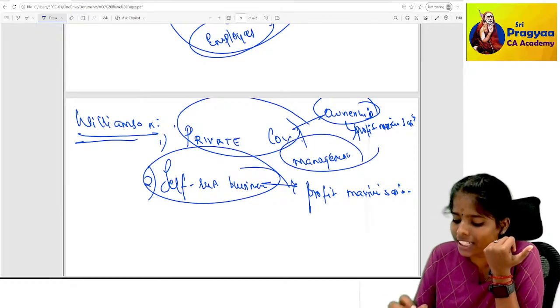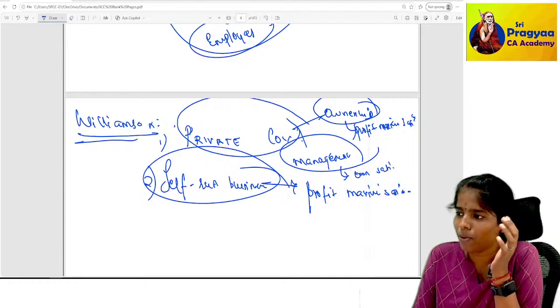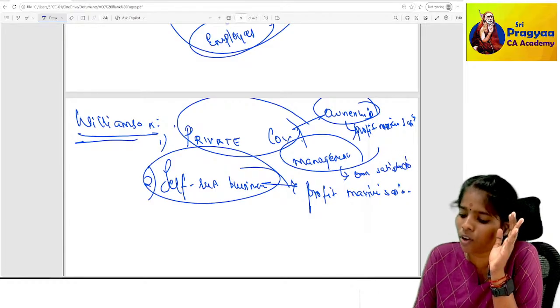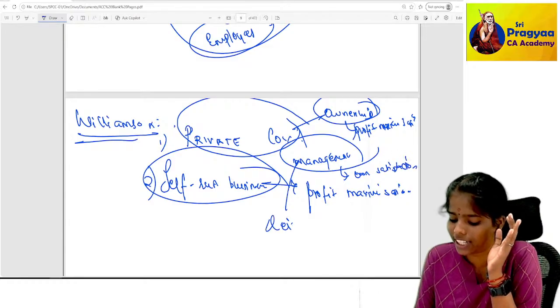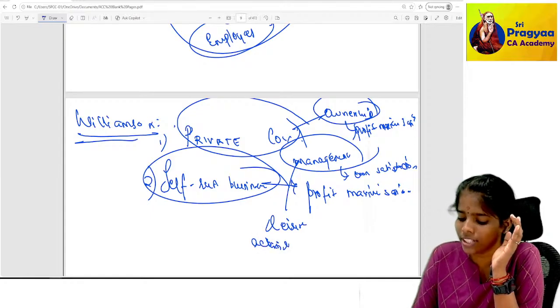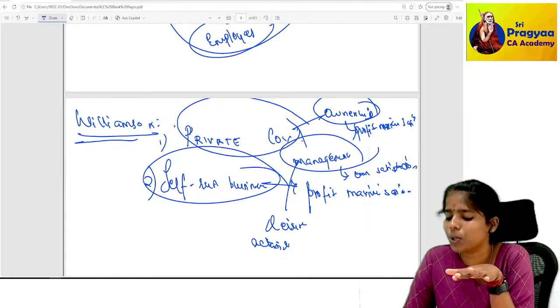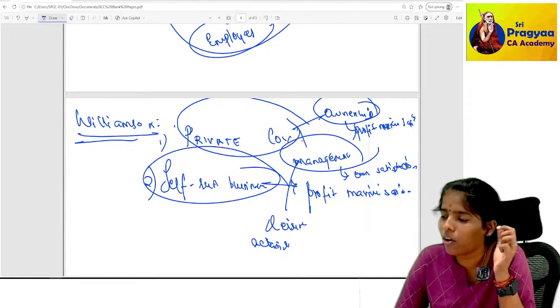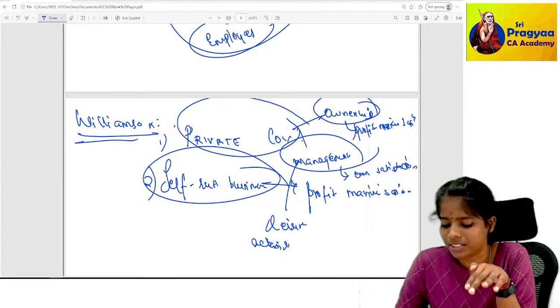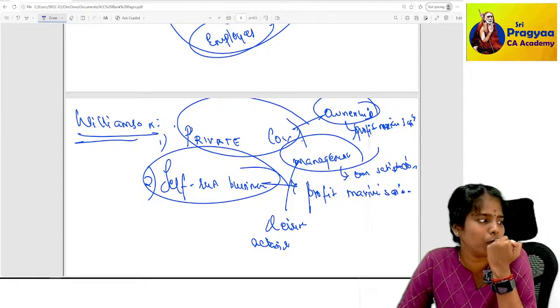So managers will want to have their own satisfaction. Profit is not the only main motive for them; they will also need time for leisure activities. Correct? So here the goal setting is again different. In a private company, profit is important for the owner, but a manager also looks for his own satisfaction. Under a self-run company, profit maximization is the only goal.